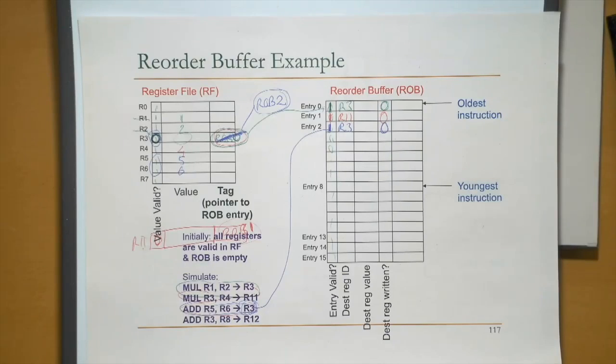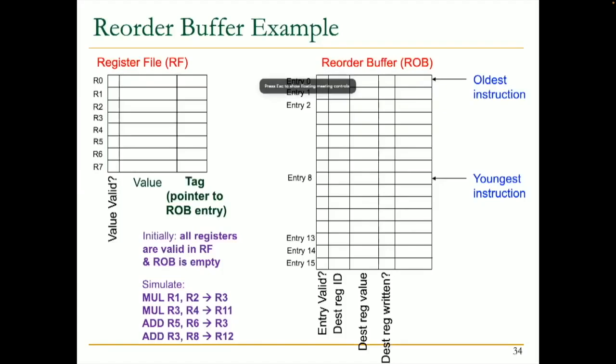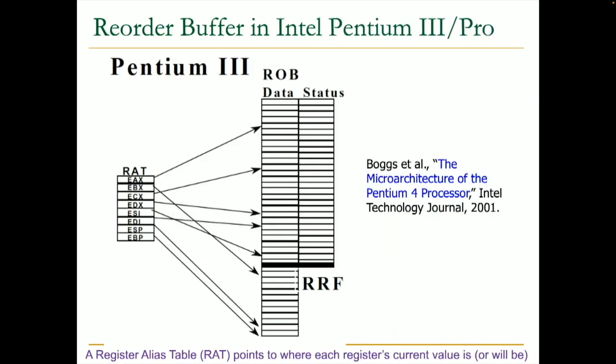Okay, I need to do something else, which is this. Okay, it's the same slide. So this is real. As you can see, this is actually Intel Pentium Pro, which is the first really commercially successful out-of-order execution processor. And you can see that this is the register file. It's actually called the mapping table.